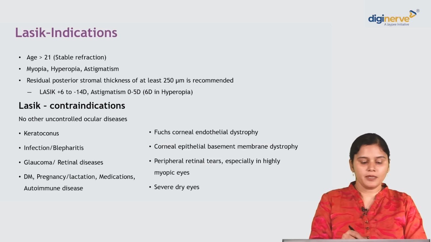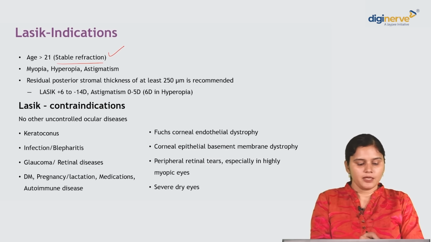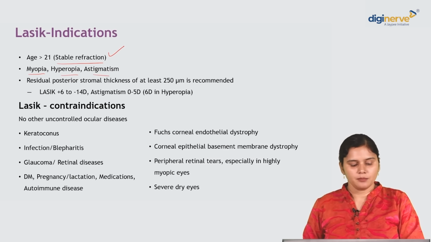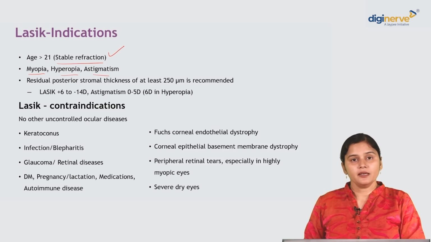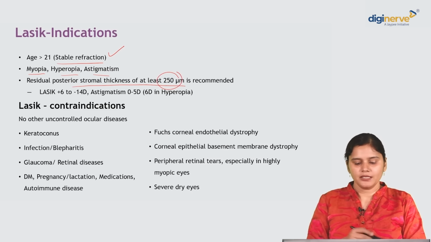The age should be more than 21, and the refraction should be stable. It could be a myopic, hyperopic or astigmatic person. Because we are making the cornea thinner in the center, the residual stromal thickness should be at least 250 microns, which is recommended, and overall thickness of the cornea should be more than 350.